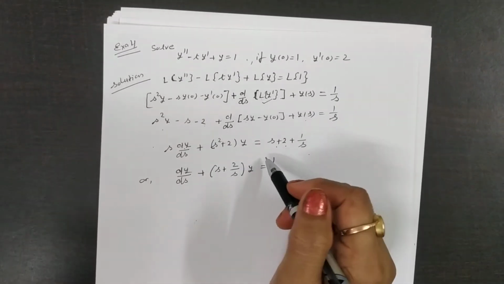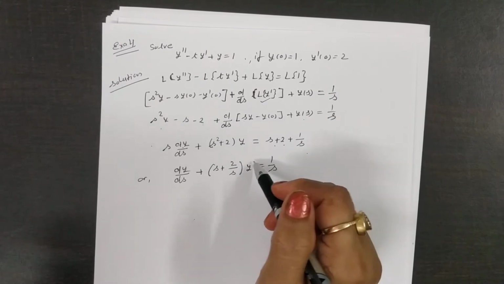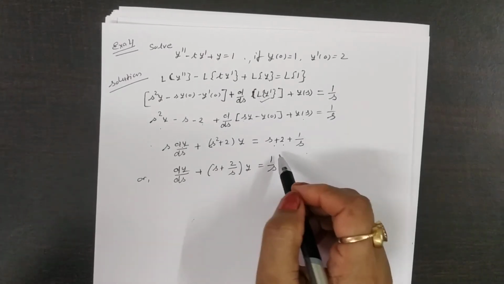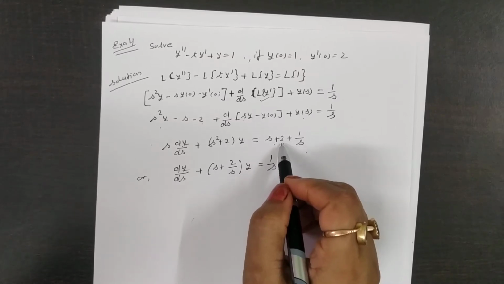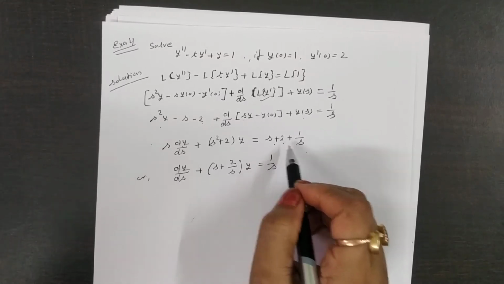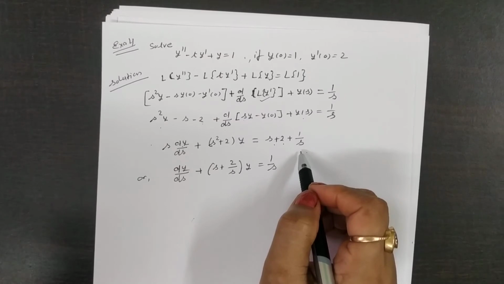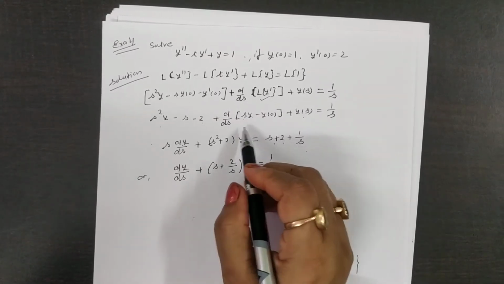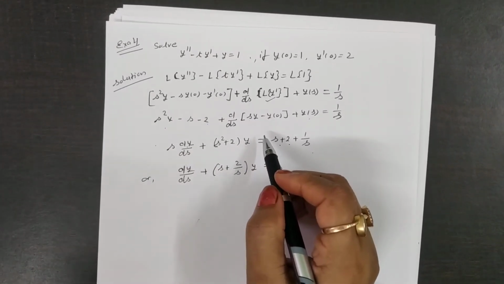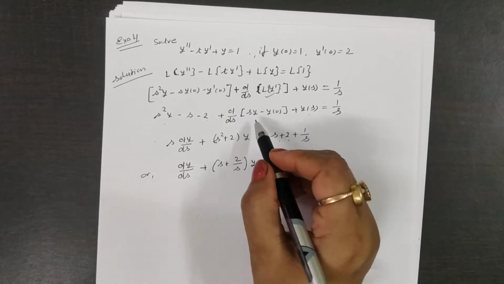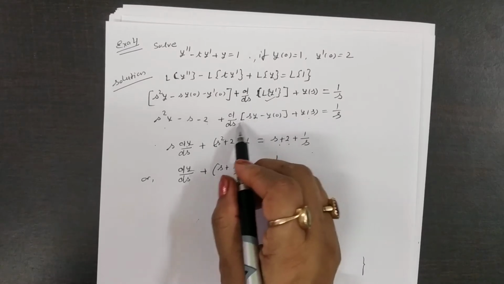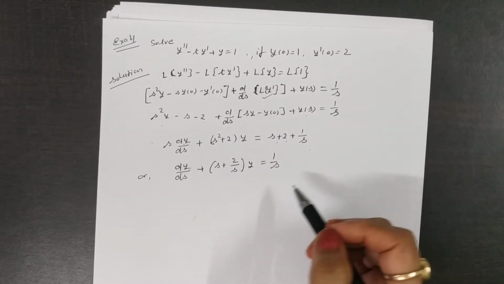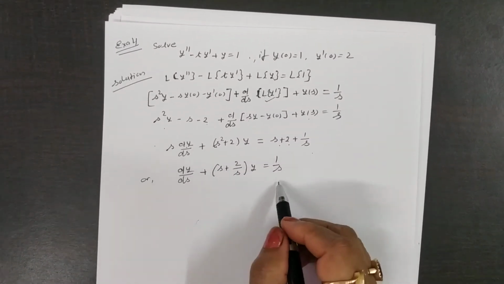So this becomes equal to 2 plus 1 by s square. Differentiating this, we get this one, so substituting this one. I think you have understood these terms.